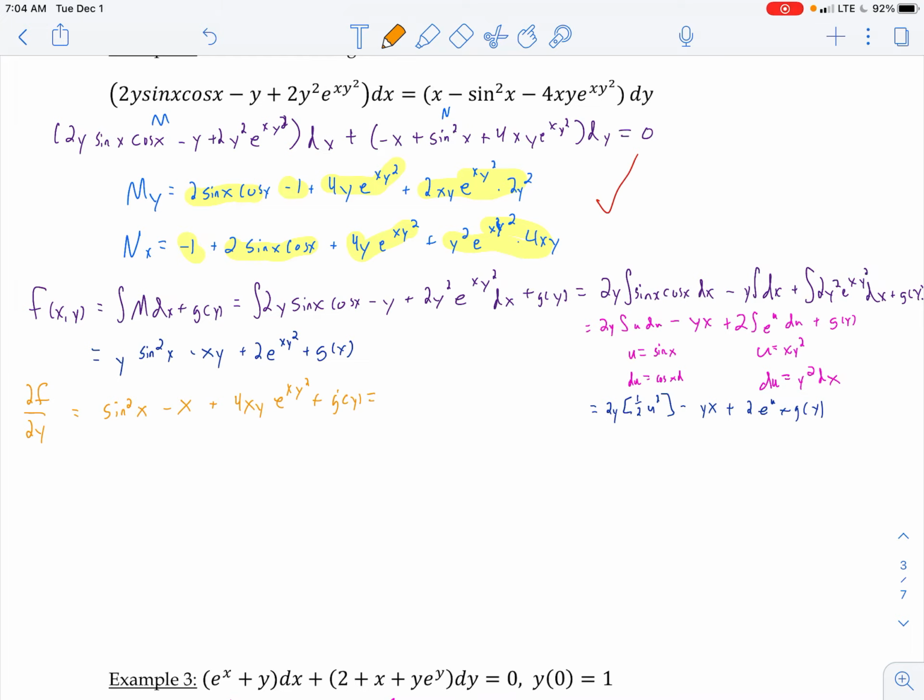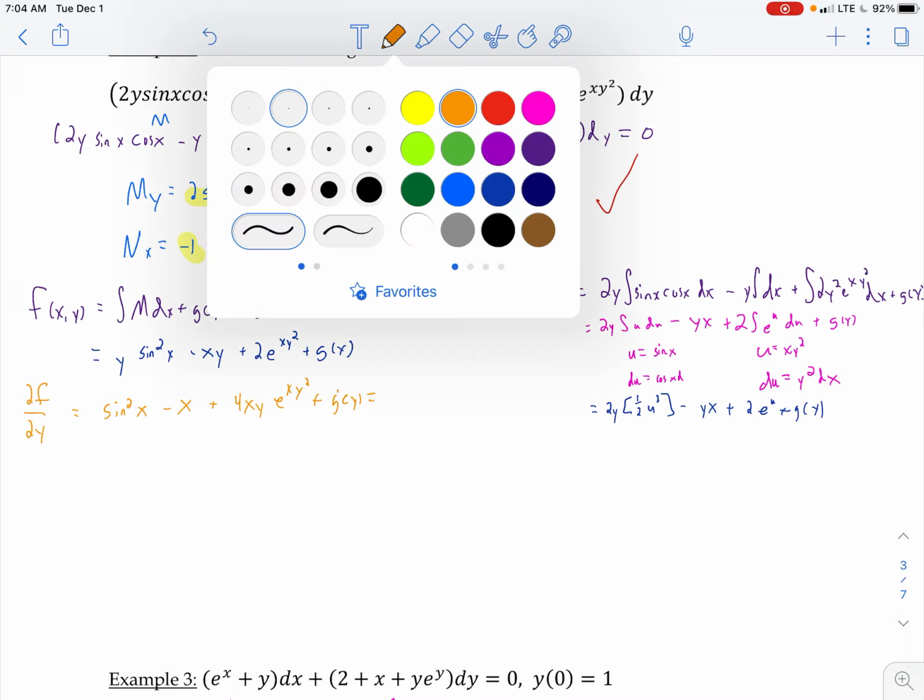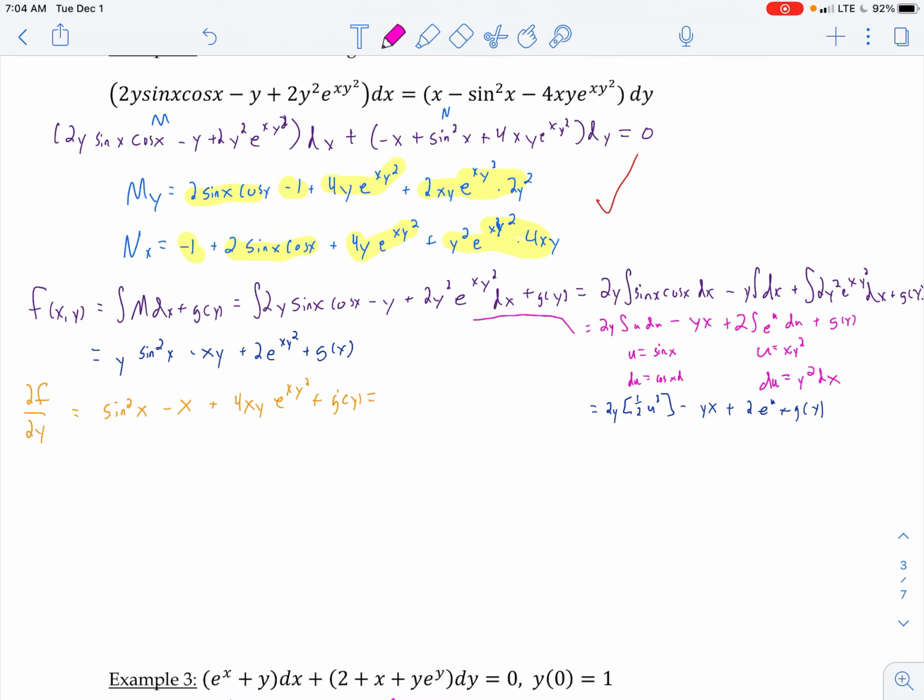Now, this equals what our N value is, and our N value is negative x plus sine squared x plus 4xy e to the xy squared. Hopefully you notice, oh wow, a lot of things are going to cancel out. Pretty much everything is going to cancel out, and g prime of y is equal to 0. Integrate both sides with respect to y, so g of y is equal to just c.